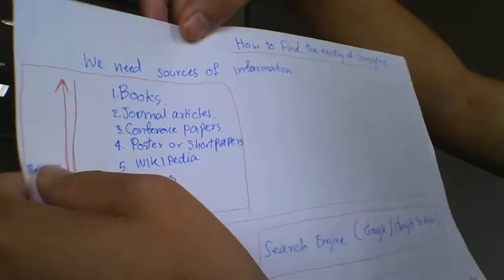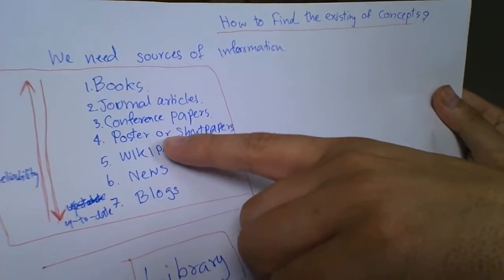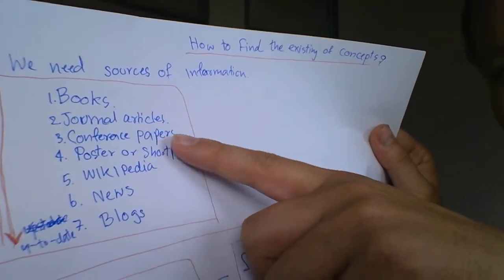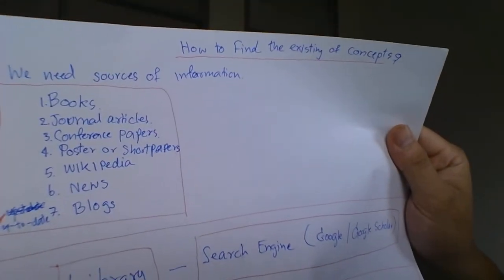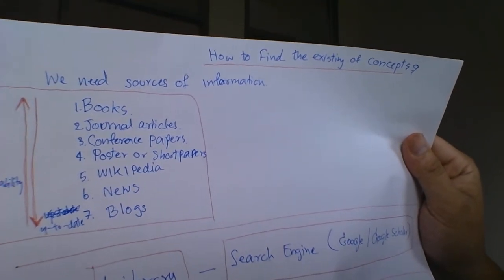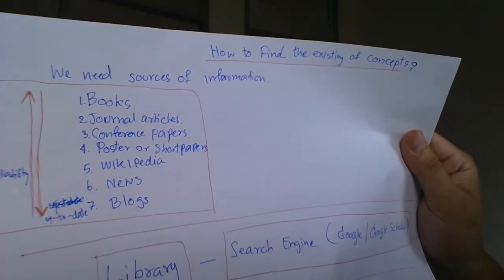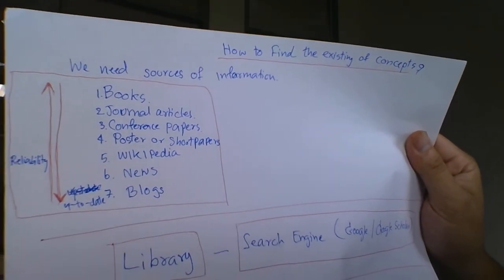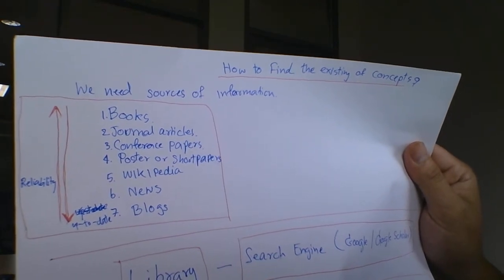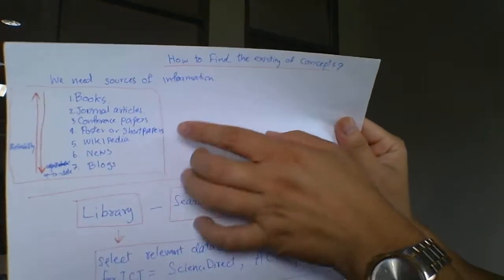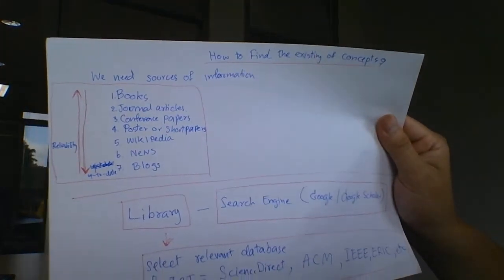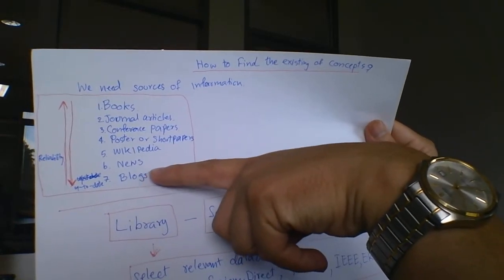I make a range here: books, journal articles, conference papers, posters or short papers, Wikipedia, news, and blogs. And I range them by reliability, how much we can trust those media or the concepts within this media. It ranges from top to bottom. The top one is the most reliable, and the last one is the least reliable.